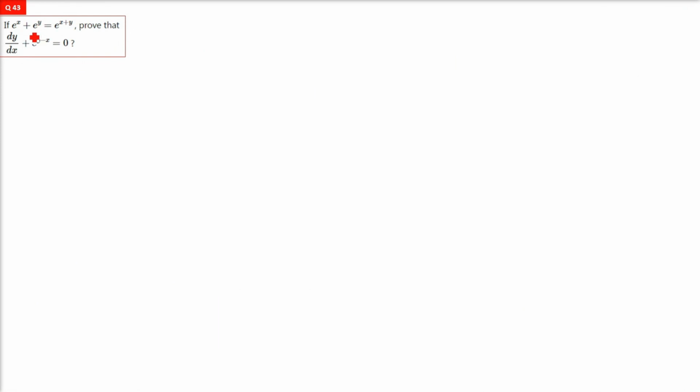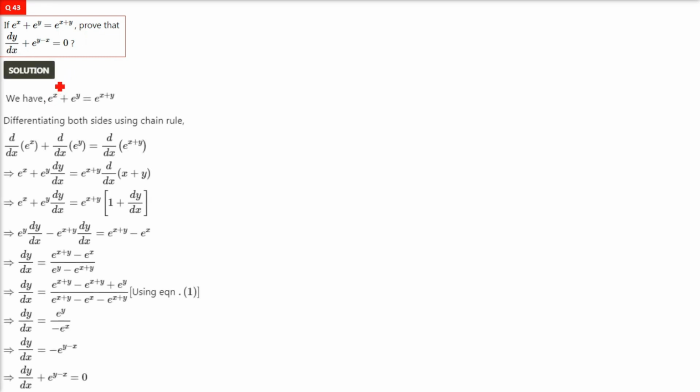Now we have e raise x plus e raise y equals e raise x plus y. So we have to prove this. So we will just differentiate both the sides. And there is only one catch here, one thing which has to be done. So let us differentiate here on both the sides. So we have, e to the power anything, differentiation will be same.